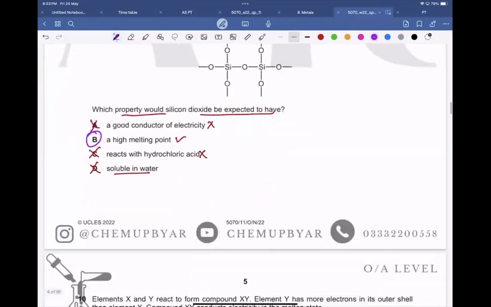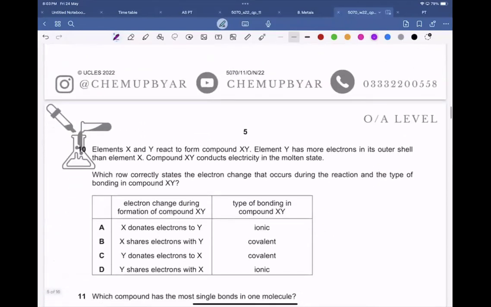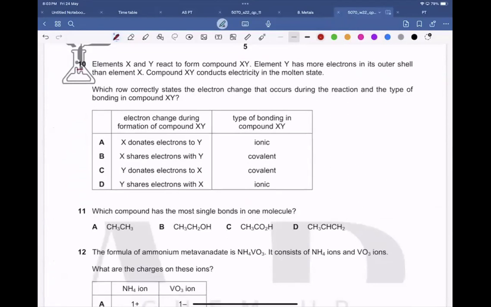Okay. Now, question number 10. Elements X and Y react to form compound XY. Element Y has 2 more electrons in its outer shell than element X. Compound XY conducts electricity in the molten state. So it states that it's ionic, right?